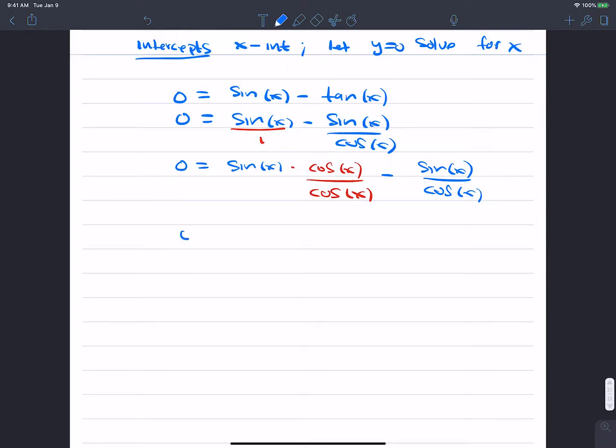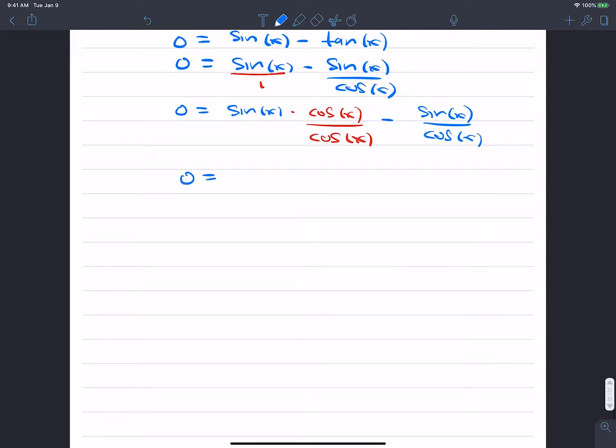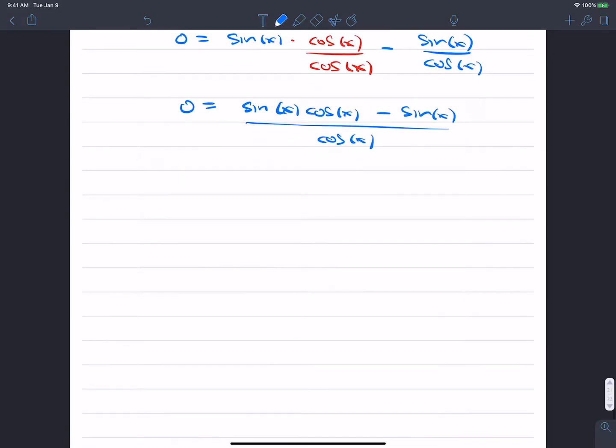And what this gives us is a way to actually solve this. Sine cosine minus sine over cosine x is 0. Now you guys know, when is a fraction ever 0? Whenever the numerator is 0. So that implies that sine x cosine x minus sine x equals 0.